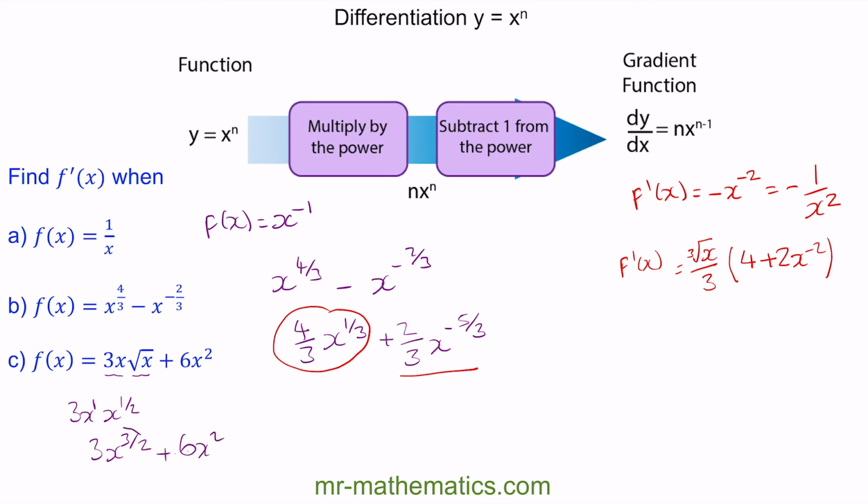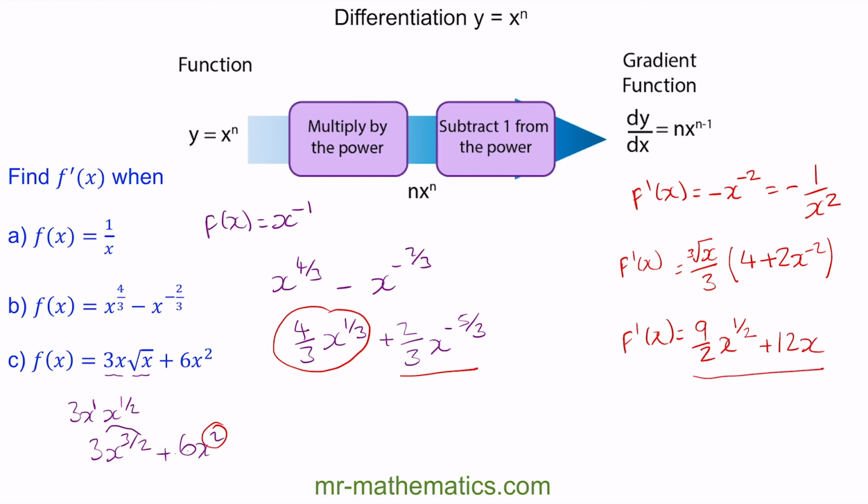So we'll multiply by the power, and we get f dash of x is equal to 9 over 2 x, taking away 1 from this power, leaves us with 1/2. For the next term, 2 times 6 is 12, and then we're taking away 1 from this power of 2, so we get 12x.